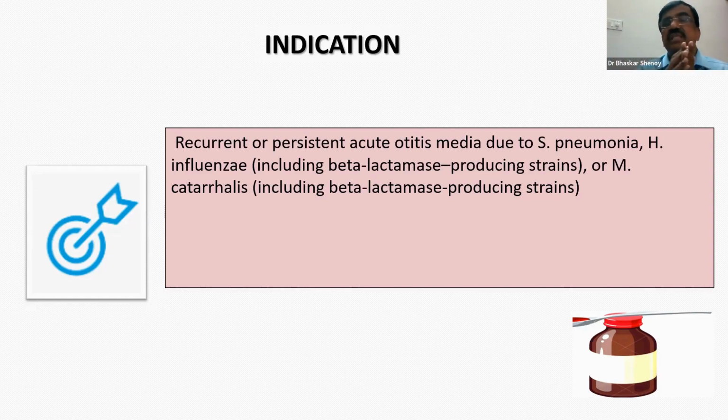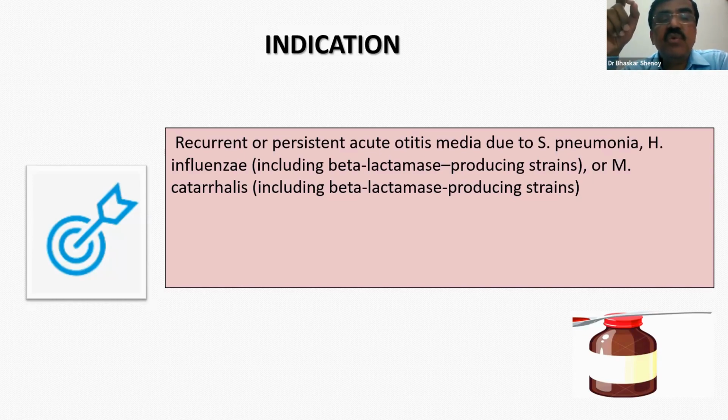If you look at the incidence of this resistance, it has been found that Streptococcus pneumoniae with intermediate resistance to penicillin is to the tune of 40 to 50%, not only in India but across the globe, especially in Southeast Asia. But luckily, Indian data shows that Streptococcus pneumoniae still does not have much resistance.